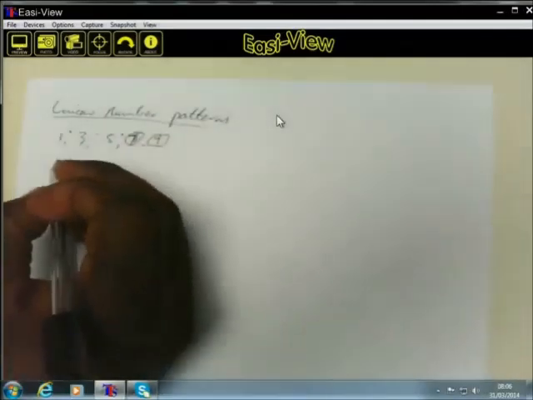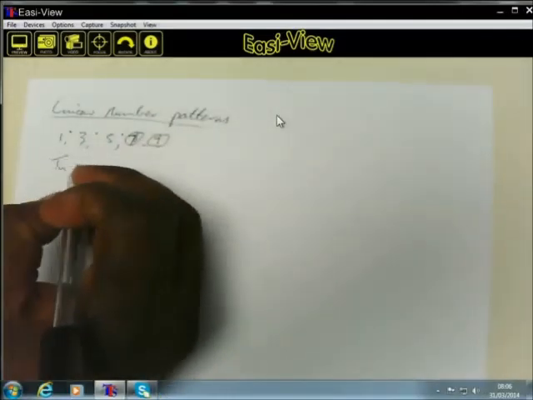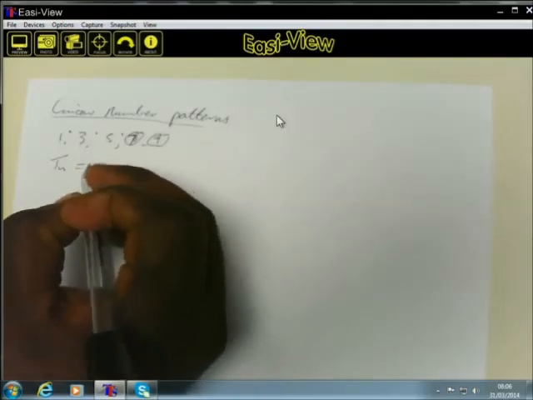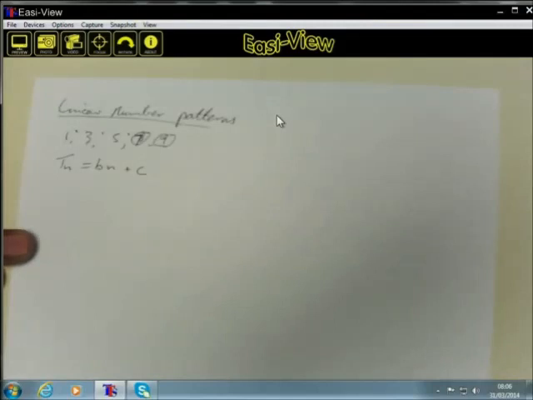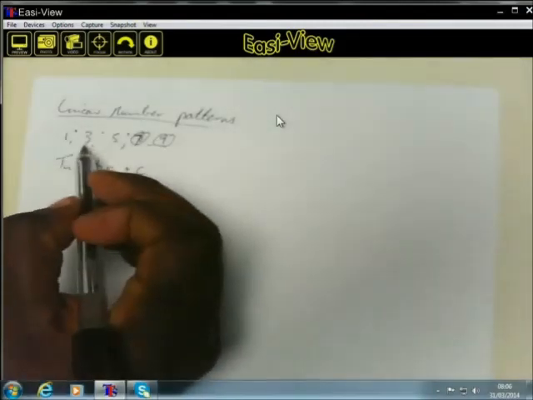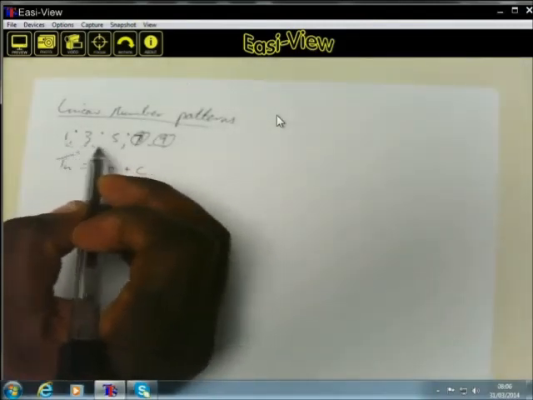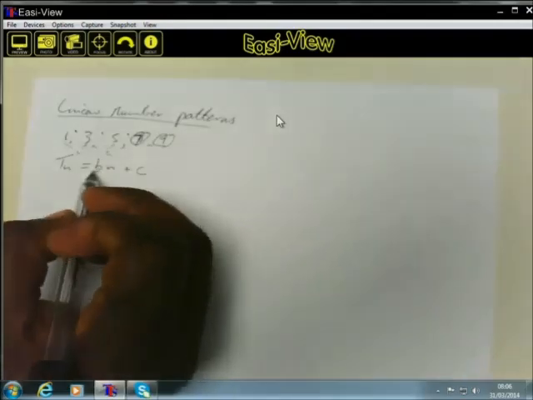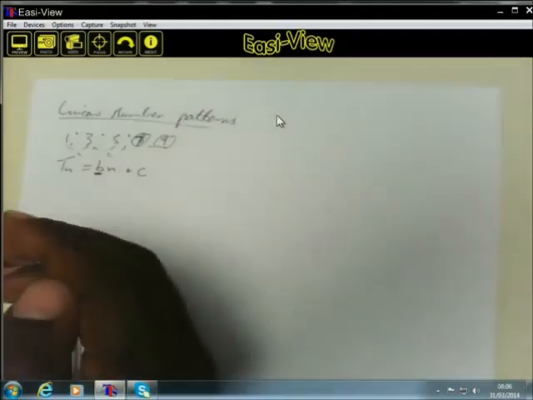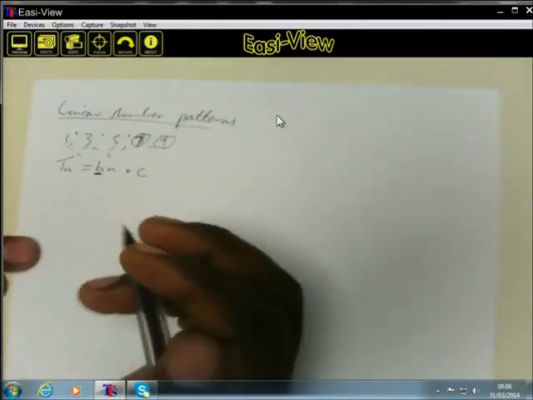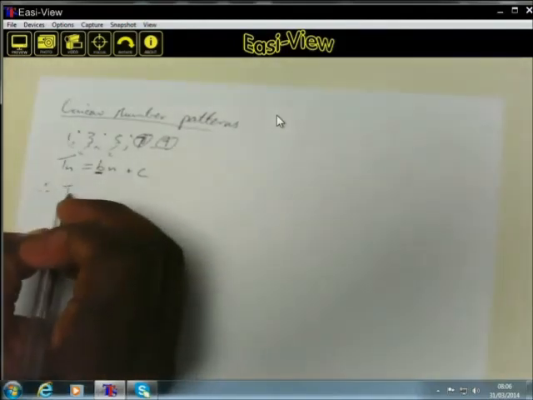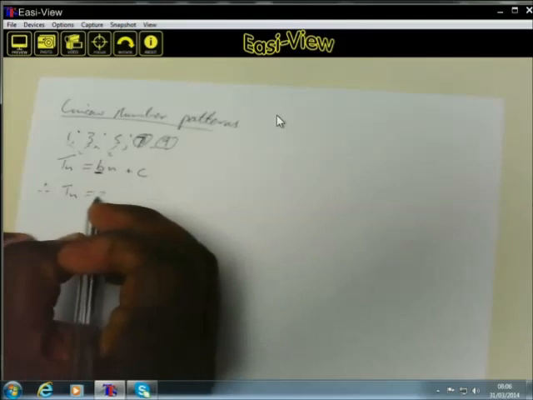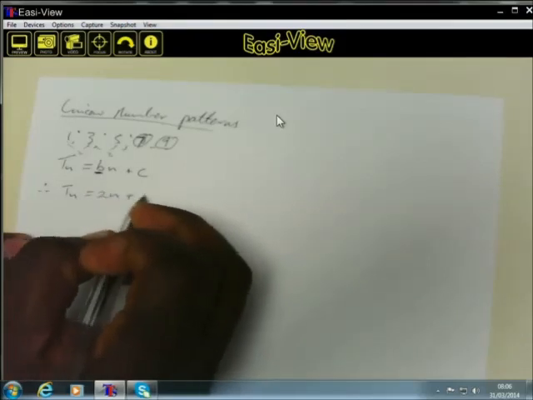And in grade 10, we were also introduced to the general term that we use for linear number patterns. The constant difference that we just found, the 2, will be substituted in the place of b, meaning we will have Tn equals 2n plus c.